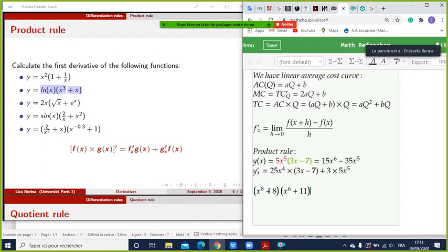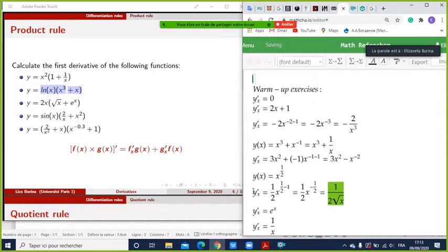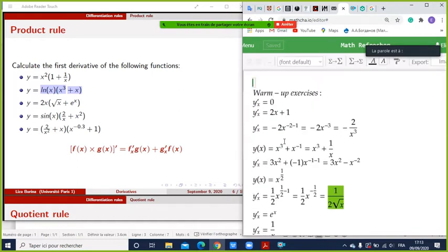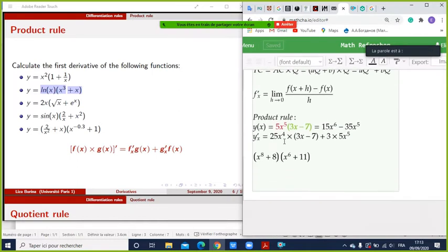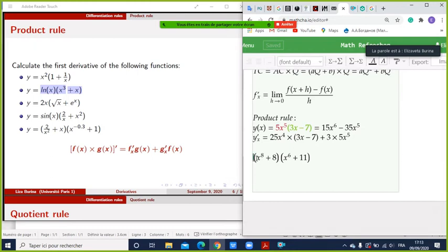Here it already makes a bit more sense to use the product rule because expanding will take too long. Again, this is the function y of x.